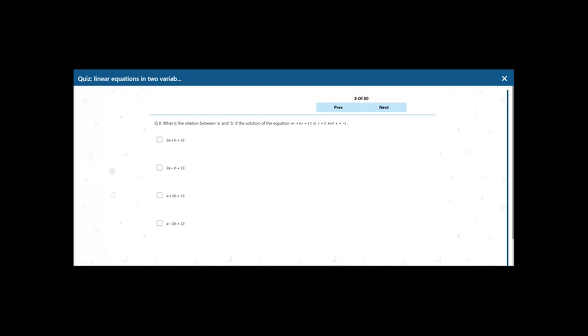In ax plus by equal to 13, you need to substitute for x and y. Second one. Correct. That's correct.